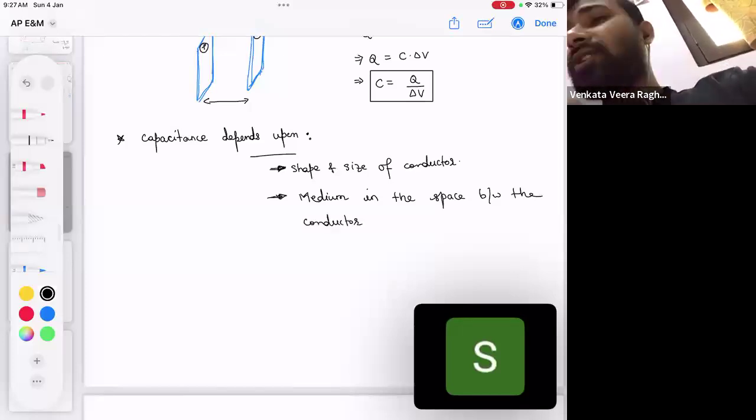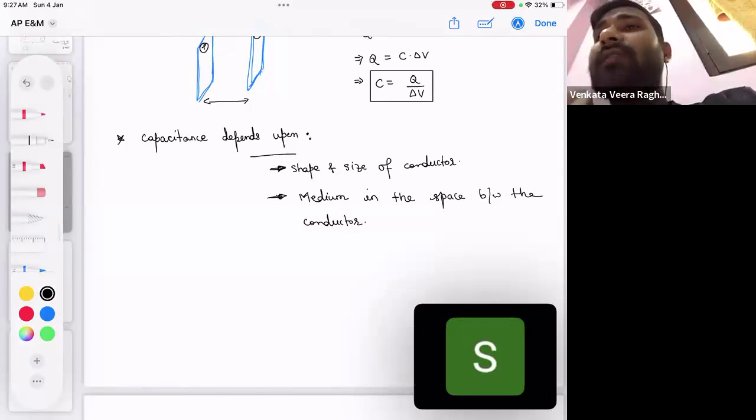Understood? So the conductor plates are given to us. What is the space filled in between? That space also decides the capacitance. The property of that medium also decides the capacitance.